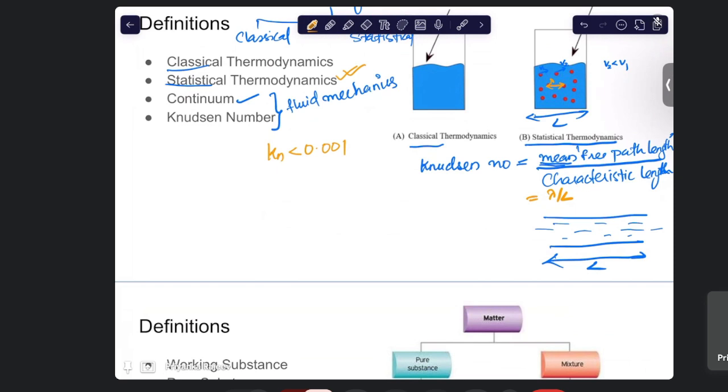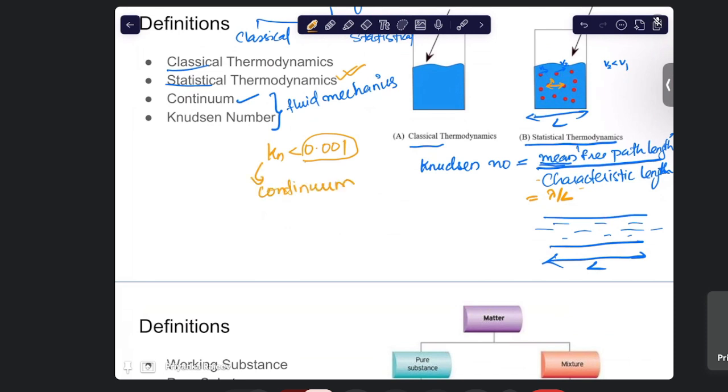Because you can see the characteristic length is really large. That means the denominator is very large, and that is how we are getting such a small number. So when the characteristic length is at least 10 to the power 3 orders higher than the mean free path length, it is safe to approximate it as a continuum.